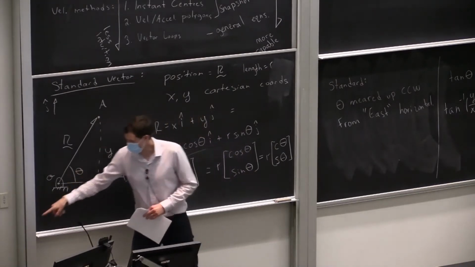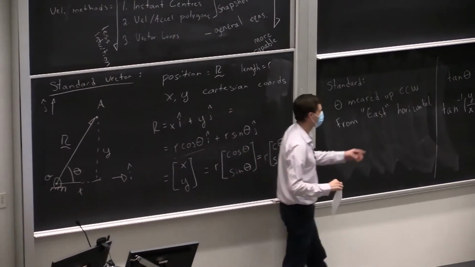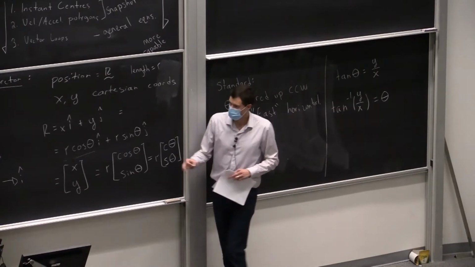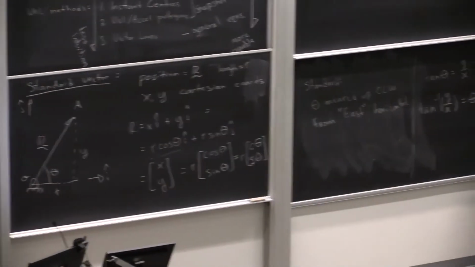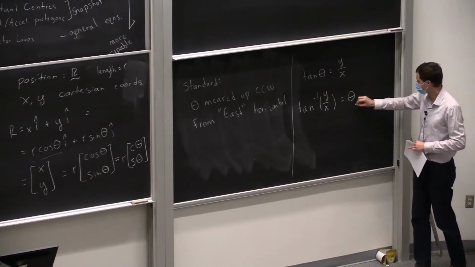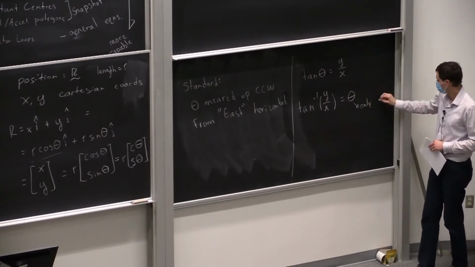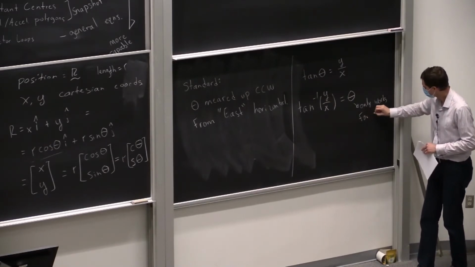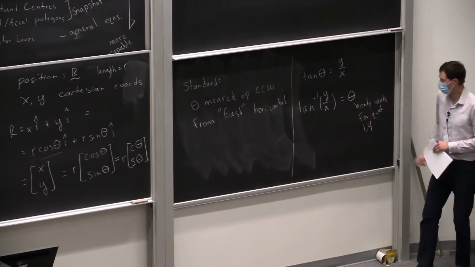If x and y are both negative, and r is down here, you get a negative divided by a negative, which looks the same as quadrant 1. So inverse tangent is kind of a flawed tool. It only works for quadrants basically like 1 and 4.